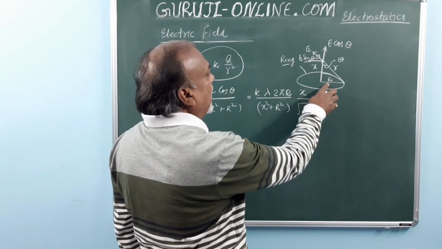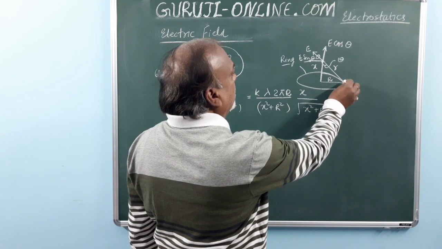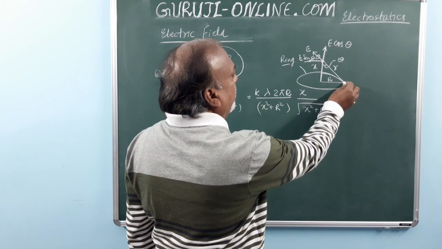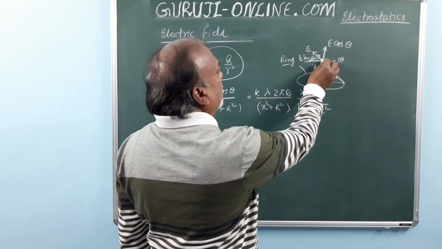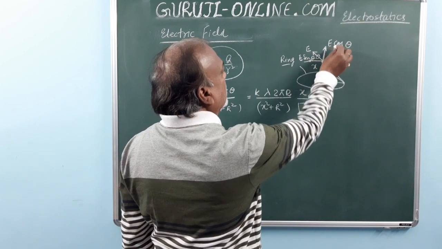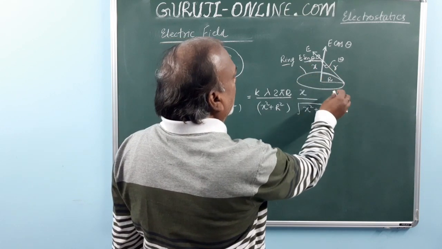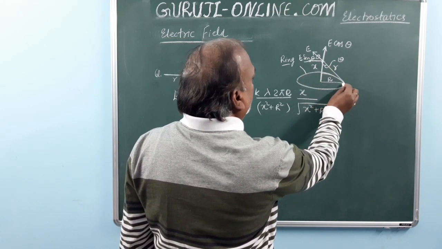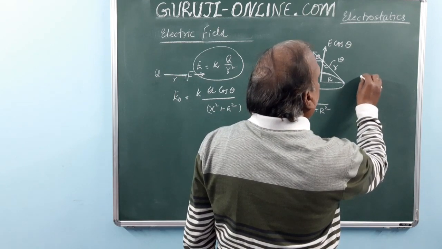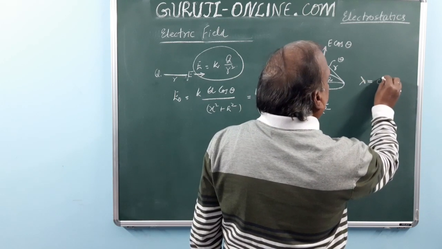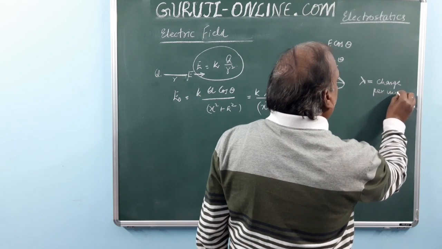If the ring has radius r, and we take this point, then with reference to this point we will have electric field in this direction, and it will have two components, E sin theta and E cos theta, where theta is this angle. The component E sin theta will cancel out because the ring has uniformly distributed charge, that is lambda, charge per unit length.